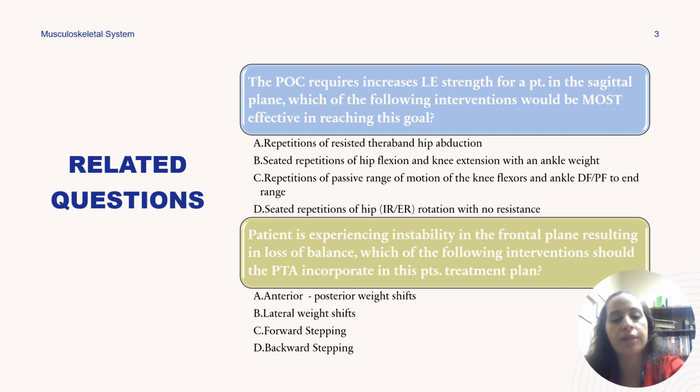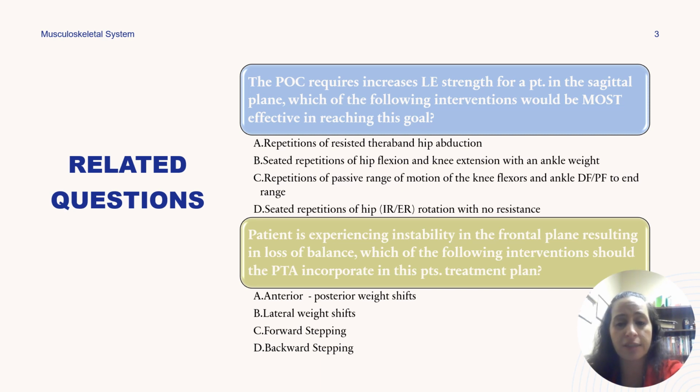So although B and C both are activities that occur in the plane, you have to look at the strength component and understand that a resisted ankle weight activity will result in strengthening versus a passive range of motion activity.